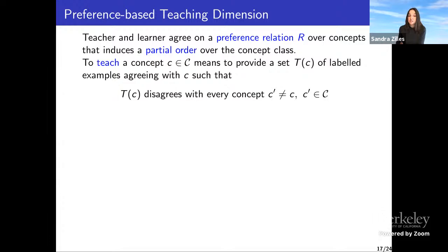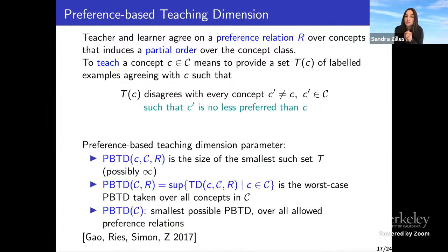Now we're saying the teaching set disagrees with all other concepts that are no less preferred than C under that preference relation. So if concept C prime is less preferred than C, it's fine if it's consistent with the teaching set, because the learner will not output it. Only the more preferred ones I have to worry about.